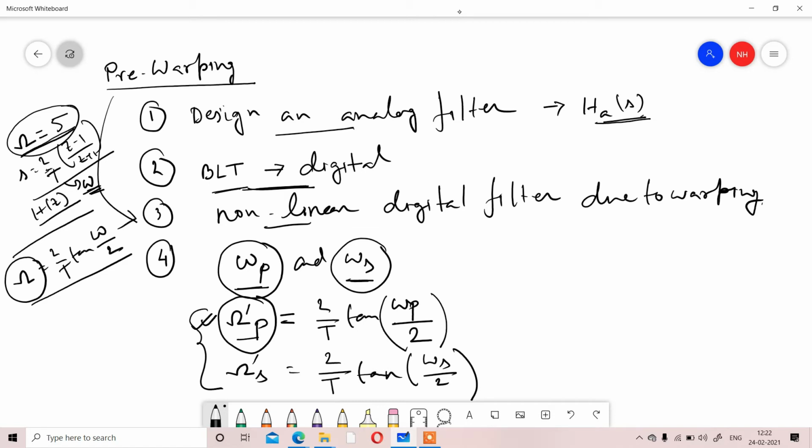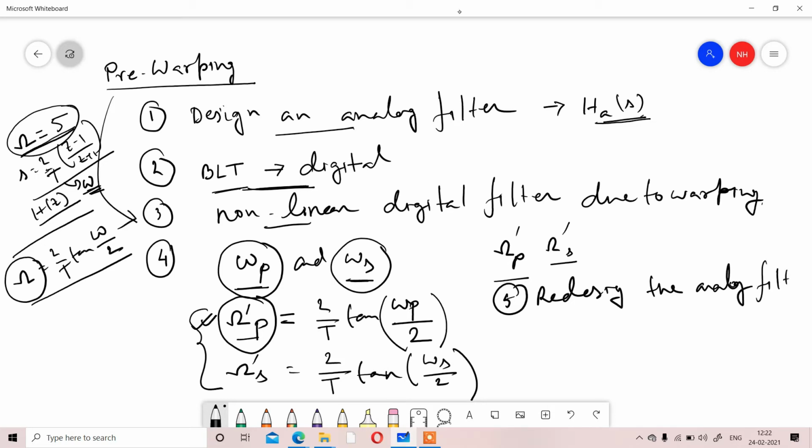Okay, so now again you have the analog frequencies omega p and omega s, which are the passband and stopband. Depending on that passband and stopband frequency, you need to redesign the analog filter. Keep in mind, you need to redesign the analog filter.